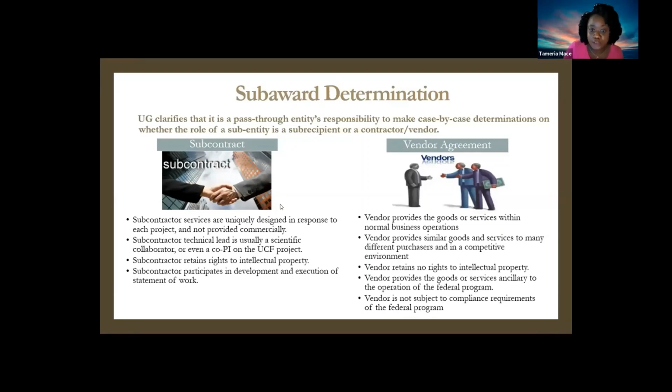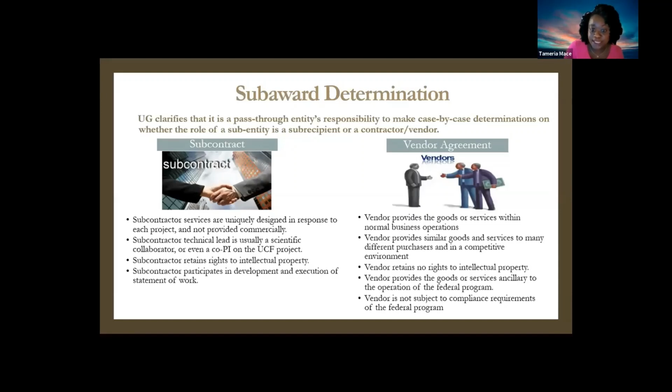Additionally, with your subcontractor, usually your technical lead is a scientific collaborator or a co-I. With your vendor, again, they provide similar goods and services to many different purchasers in a competitive environment. With subcontractors, they retain the rights to their IP, or their intellectual property. With vendors, they retain no rights to intellectual property.